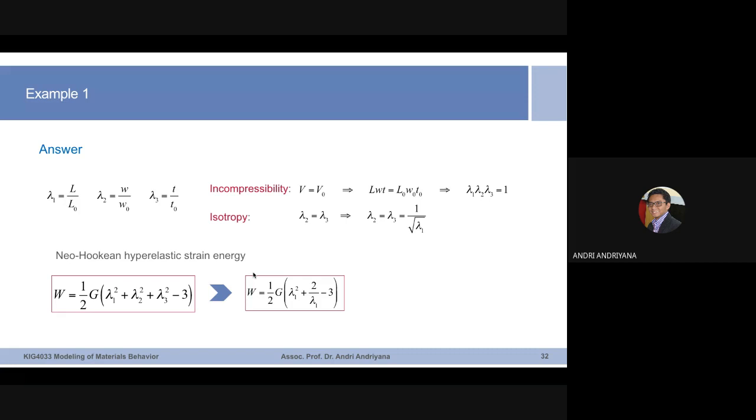If you are dealing with other loading conditions, not uniaxial extension, for instance torsion, bending, or shear, then you will have a different form of the simplified neo-Hookean strain energy. Okay, I hope this is clear. I'm trying to go slowly here.